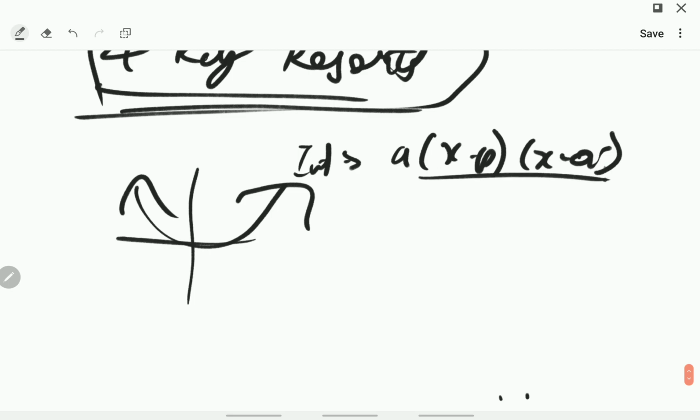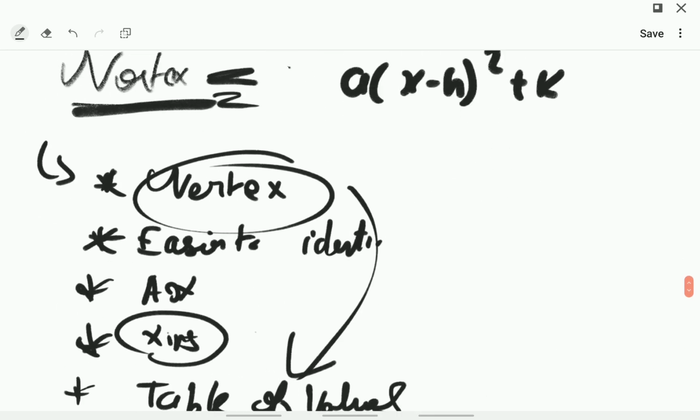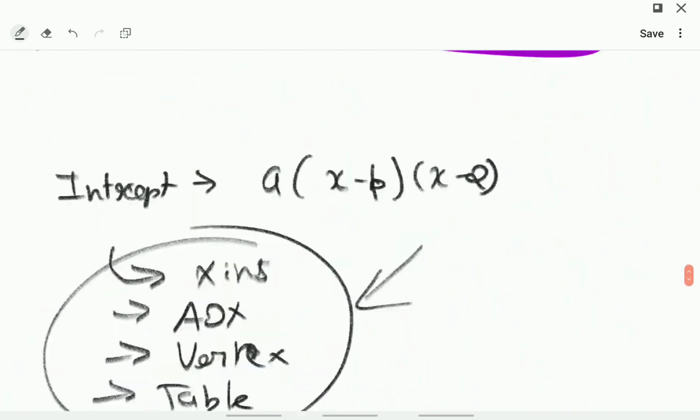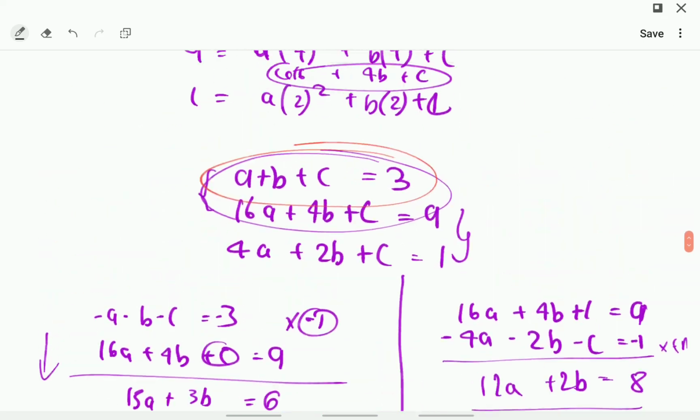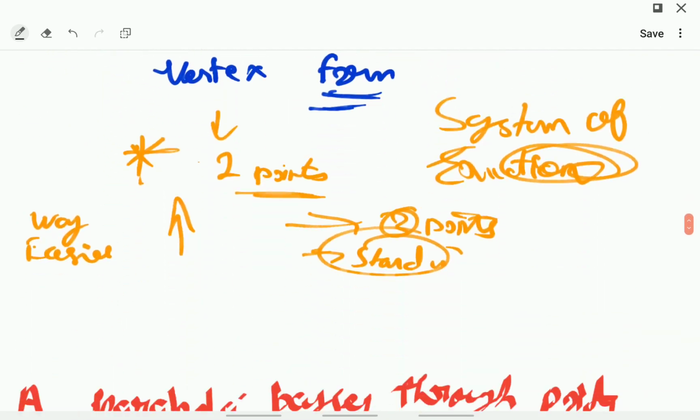Right? Simple. Looks like that's all I have in my book. But I wanted to show you guys something else. You know how initially we had somewhere a vertex form? Let's take that vertex form. I want to find that vertex form.